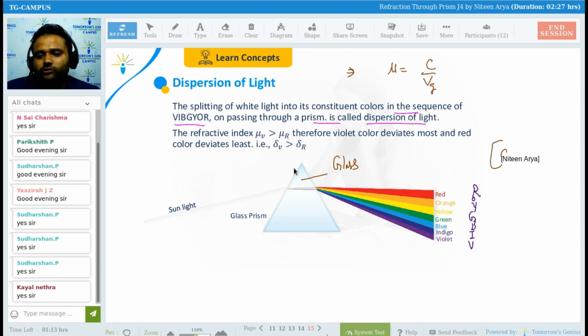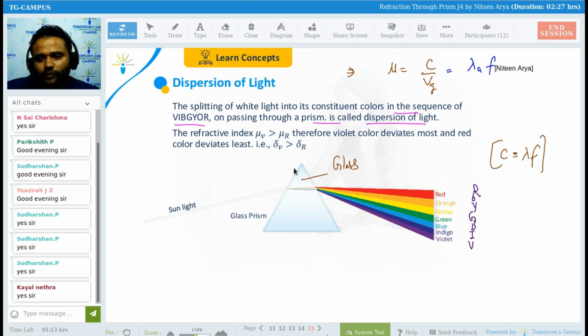Now we know one more thing also, C equals lambda F. And in refraction, frequency is not changed. Frequency remains constant. So I can write lambda in air, because vacuum might confuse you with V, violet.